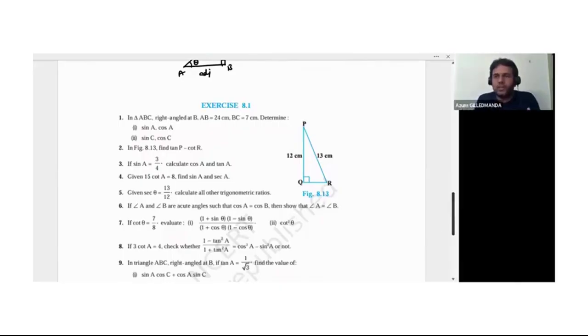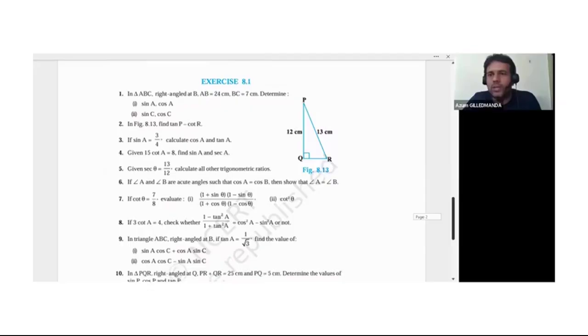So far we learned what is a Pythagoras theorem, how to find a third side if we know two sides. Now I just talked about the trigonometric ratios in a right angled triangle: sine, cos, tan, cosecant, secant, and cot. Now, how those trigonometric ratios will be helpful, we will see here.